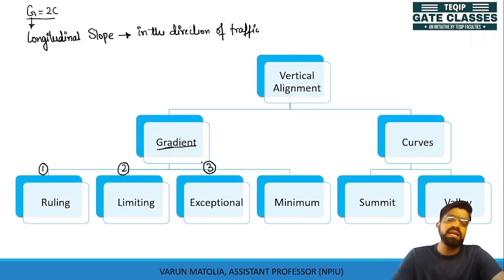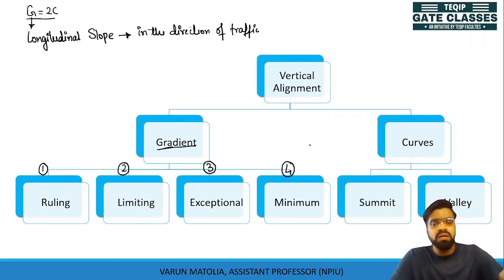So exceptional gradient is also one of the slopes which can be provided on the road, but only in critical conditions. And fourth one is minimum gradient. Minimum means whatever gradient is required to drain off the rainwater. These are the four types of gradient.